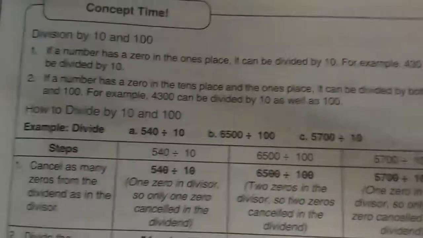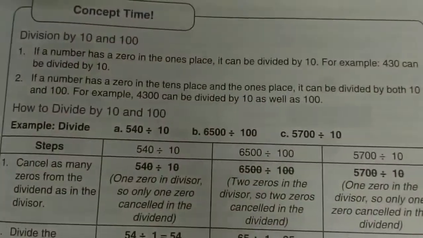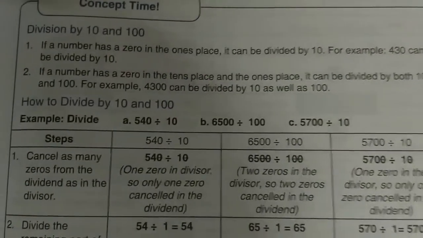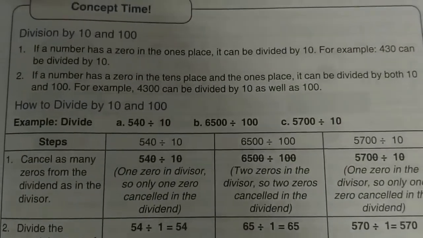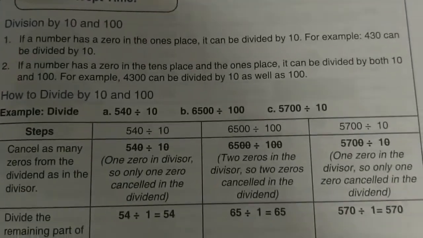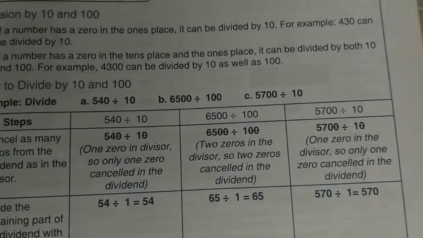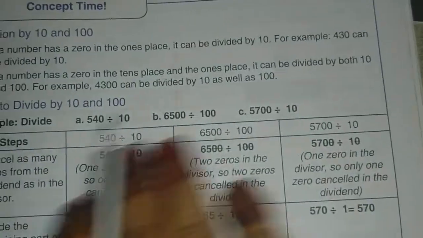So what we have to do first: if a number has a 0 in the ones place, it can be divided by 10. It is possible to divide by 10.